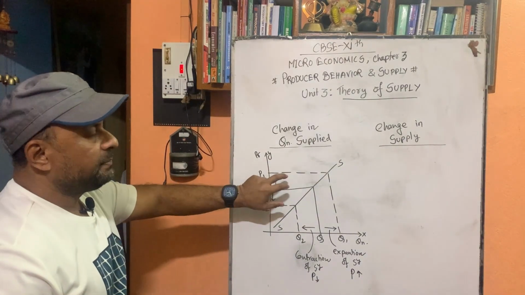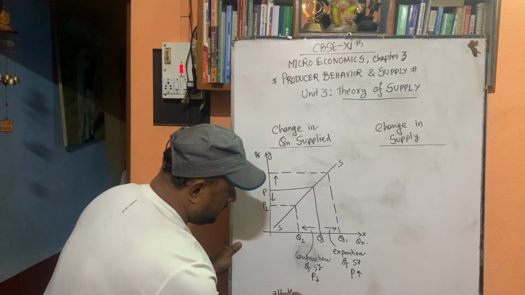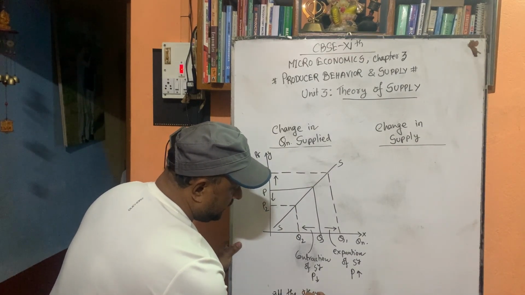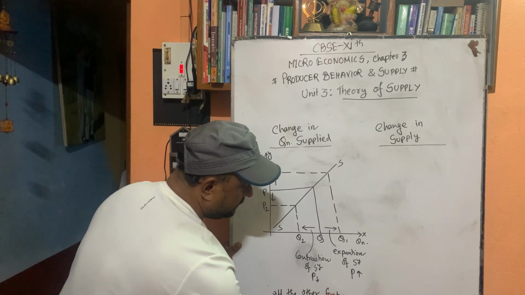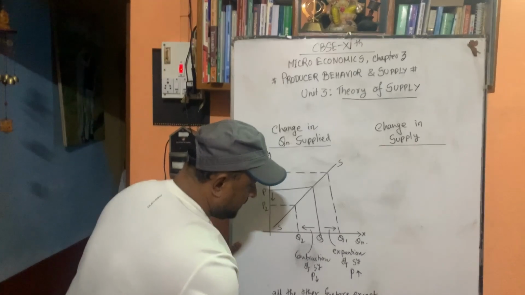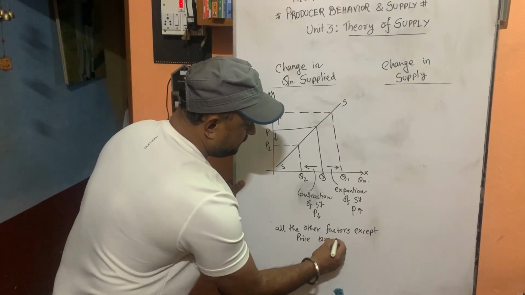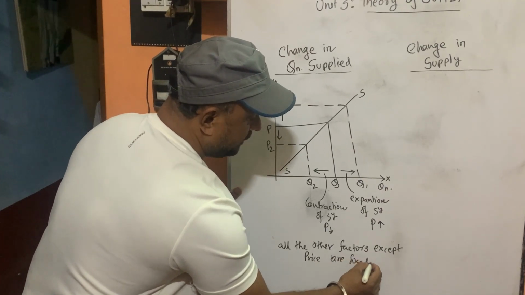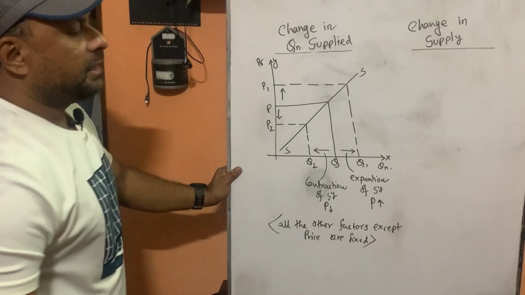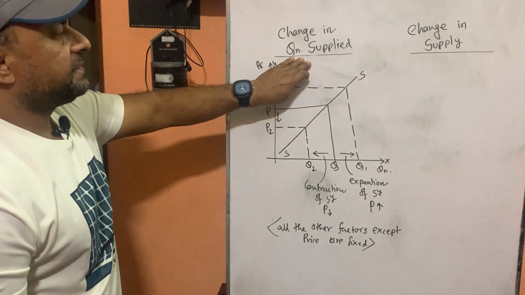And here, important thing, all the other factors except price are fixed. Very important concept. Only price is changing, rest all the factors are fixed. This is change in quantity supplied.